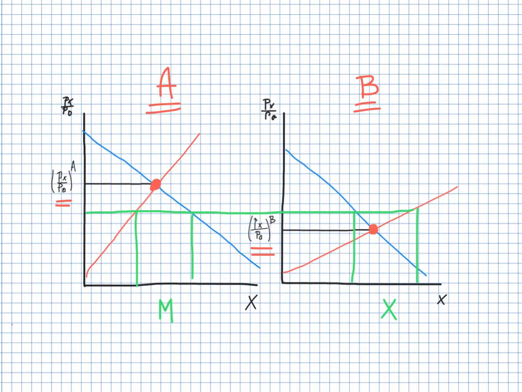Preferences, budget constraint, technology and resources give us demand curves and supply curves that will look different in different countries because they have different preferences, technology, and resources. And those differences then give us different relative prices, which then give us a reason to trade with each other.